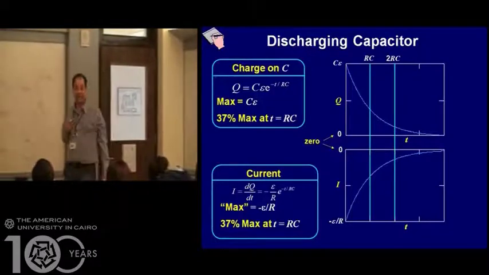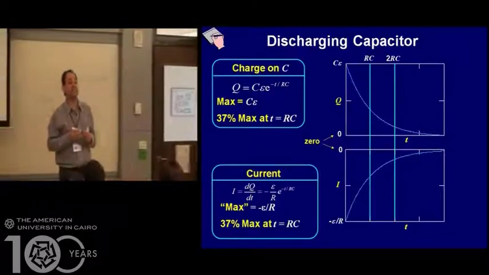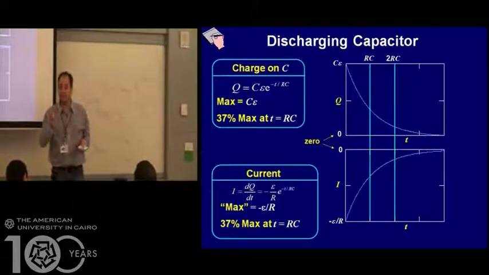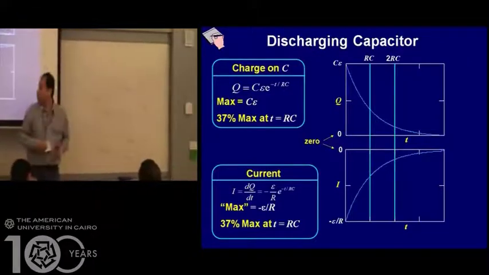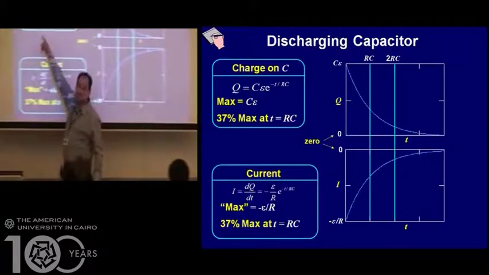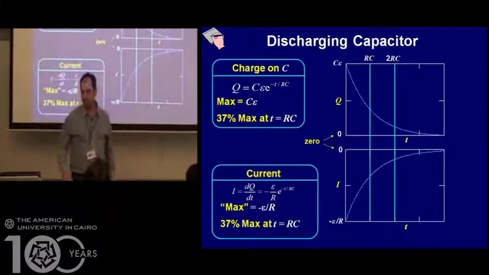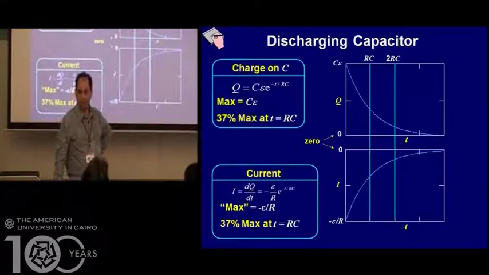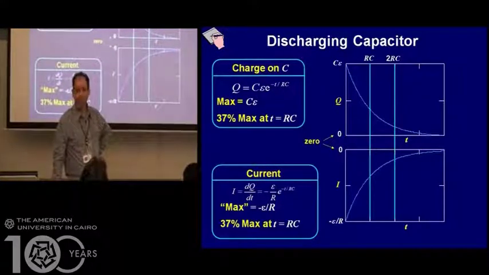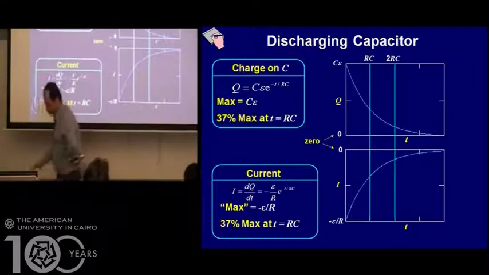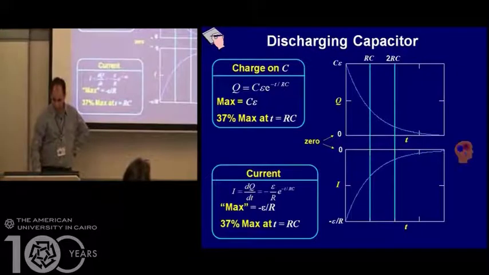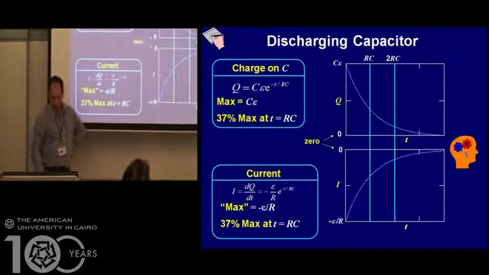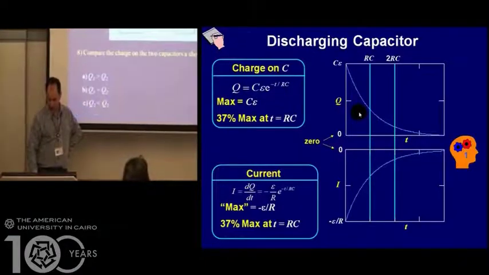The definition of the time constant is the time needed for the charge to fall down to 37% of its maximum value. So after one time constant, when we are discharging the capacitor, the charge will be 37% of its maximum value.